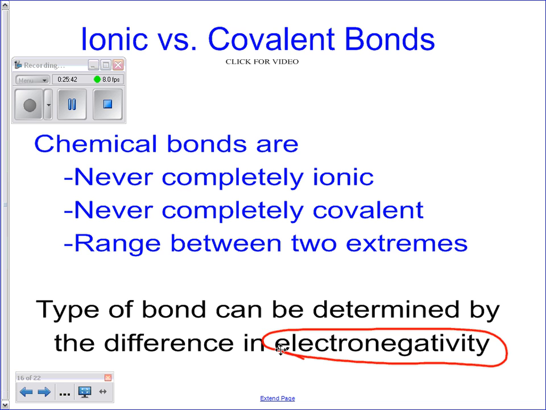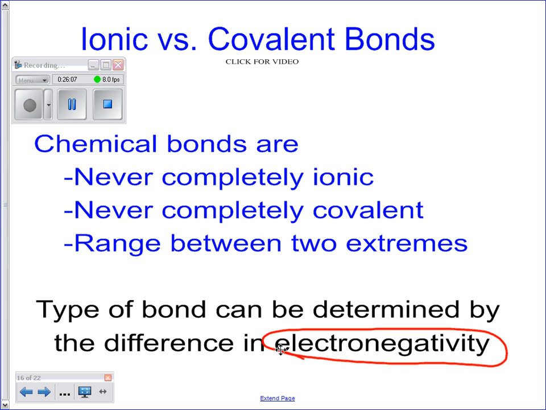So from last unit, we talked about trends of the periodic table, and electronegativity was one of them. Electronegativity just means how much does an atom like electrons? How much is it able to attract electrons to itself when it's in a bond? So if it likes electrons, it's going to have a higher electronegativity, and that would include your nonmetals, the ones that want to gain the electrons.